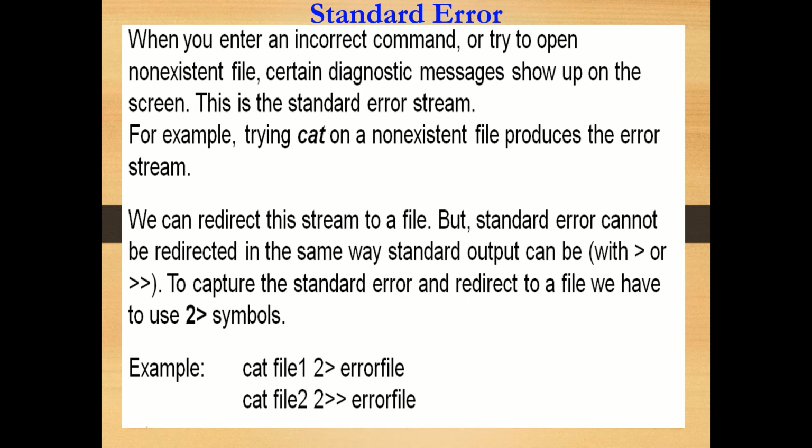For example, greater than and 1 greater than mean the same thing to the shell, while less than and 0 less than are identical. We need to explicitly use one of these descriptors for handling standard error streams.